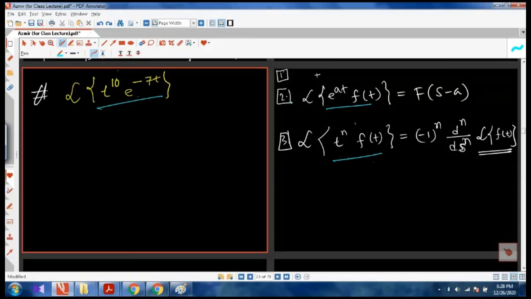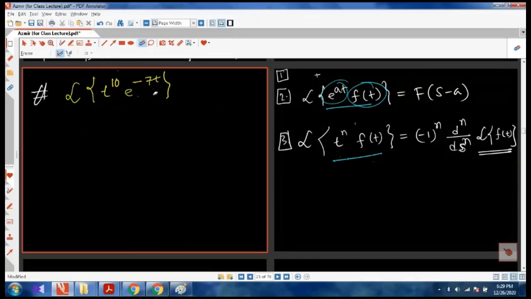With property 2, e power at times f of t, f of t is this time t power 10. So we can solve the same problem by both property 2 and 3.